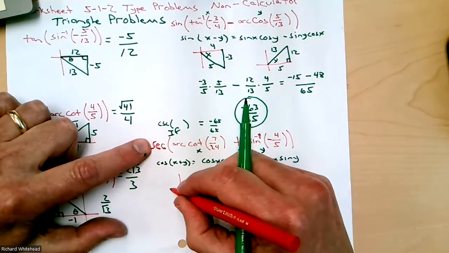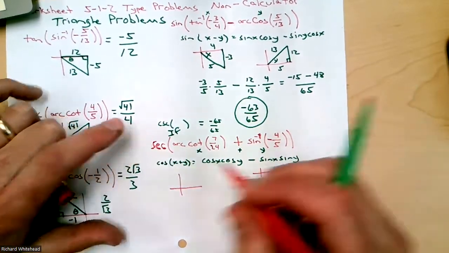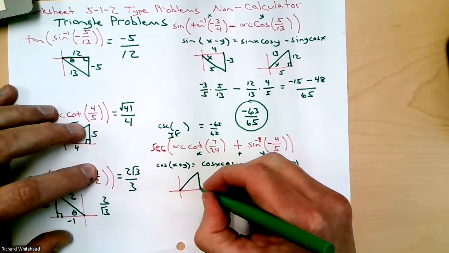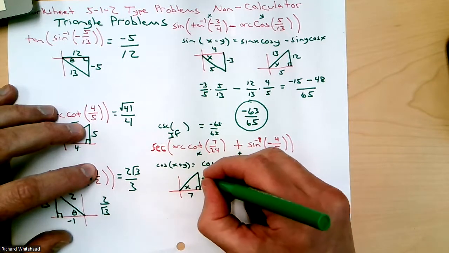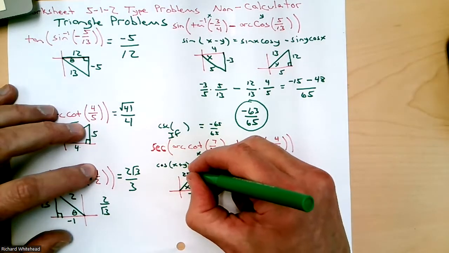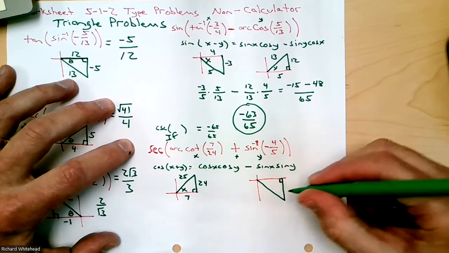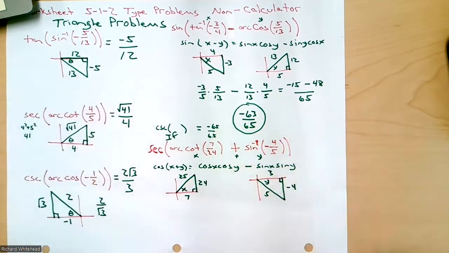Positive cotan, that's nice, at least it's first quadrant. Negative sine is going to be fourth quadrant. I'm going to call this my x triangle. Cotan, that'd be 7, 24, which makes that a 25. For sine in the fourth quadrant, that's going to be -4, 5, 3.